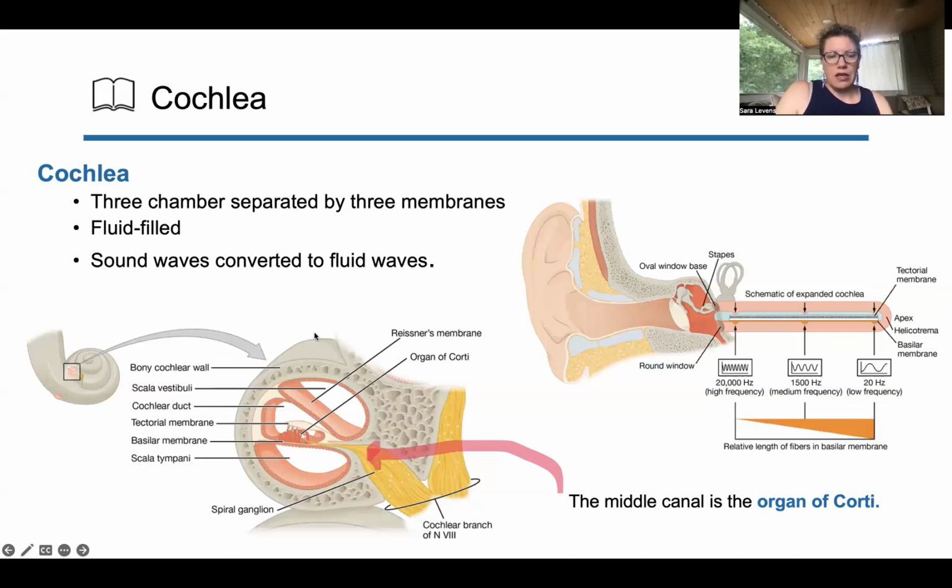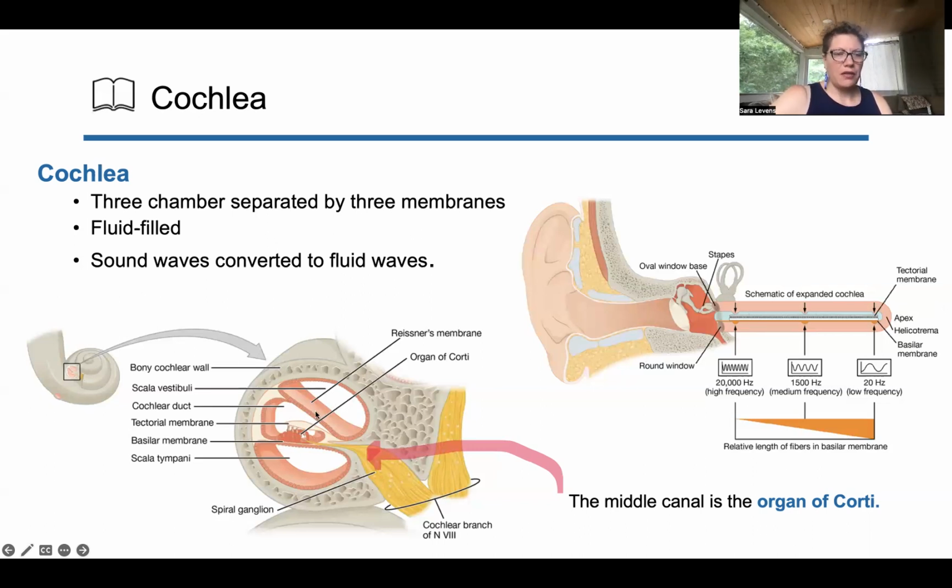And here you just see a midsection of that. This area right here would be represented along this frequency space right here.